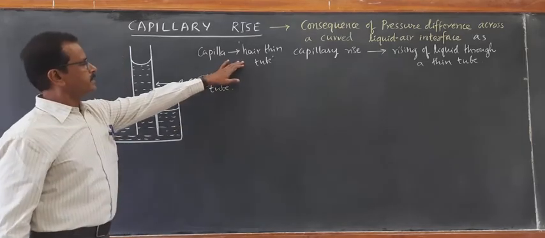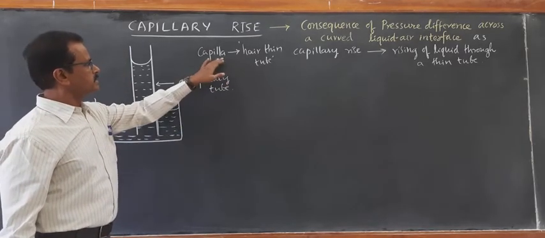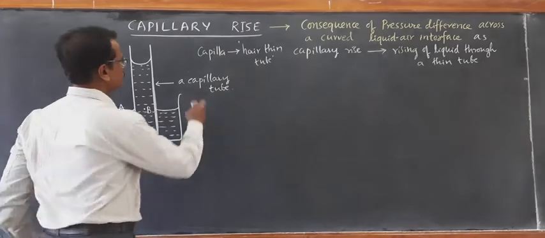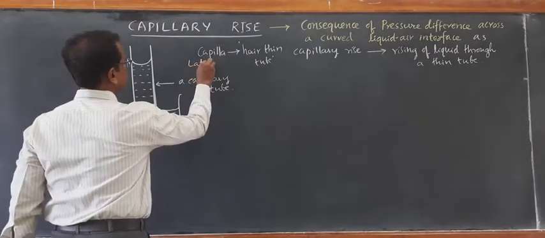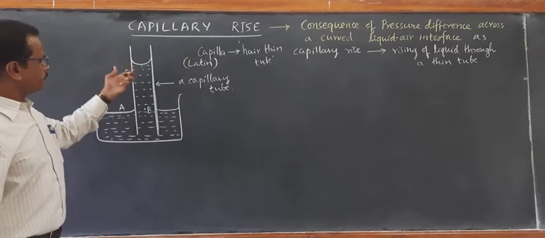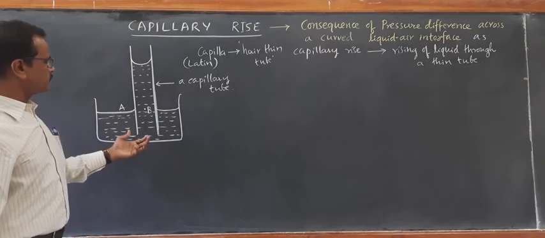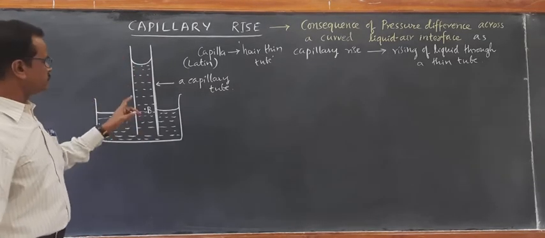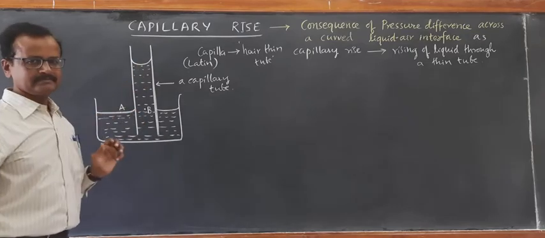A hair thin tube is called a capillary. This is a Latin word. When we dip a capillary tube inside water, suddenly we observe the rise in the level of water.